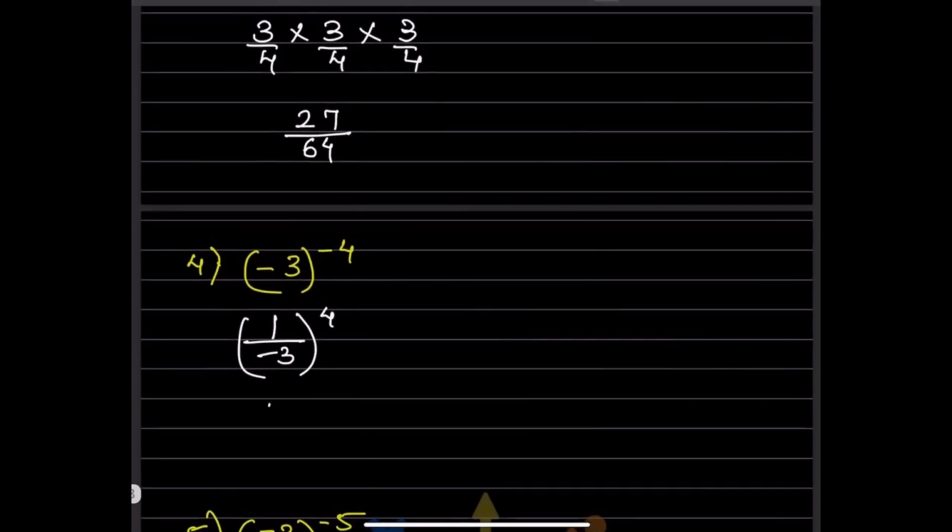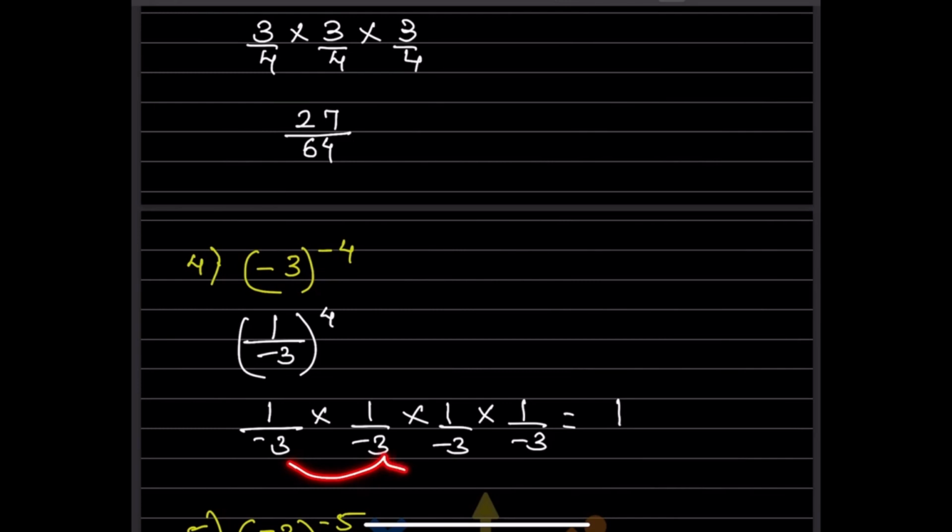So now again what will you do here? You will write here 3 times. So now what you can see here, the numerator is 1, 3 3s are 9, 9 3s are 27, 27 3s are 81. So here what are you going to do? Here the negative sign is 4 times.